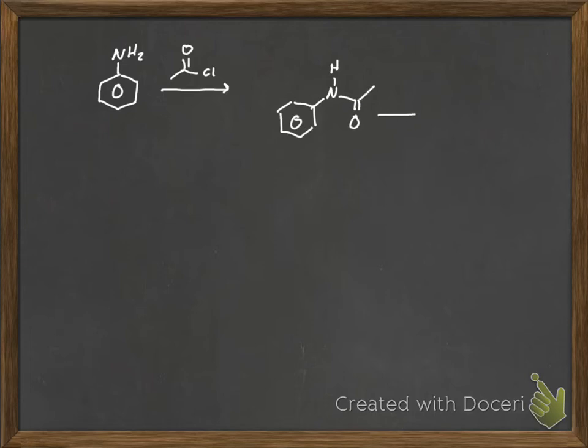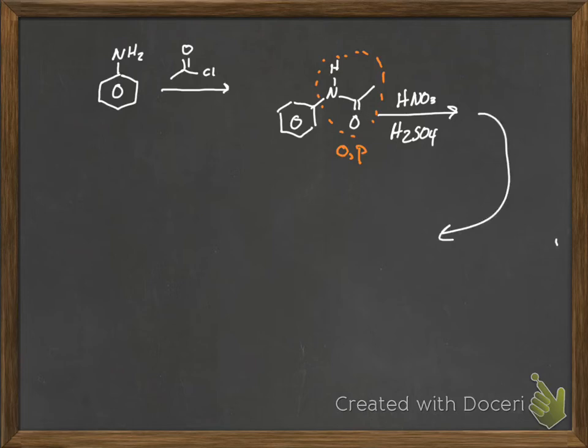And now we can nitrate the crap out of this. Because the amide makes that nitrogen immune from protonation, and this whole group here is an ortho-para-director. So the product we get here is this.